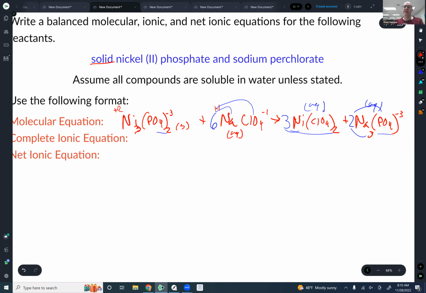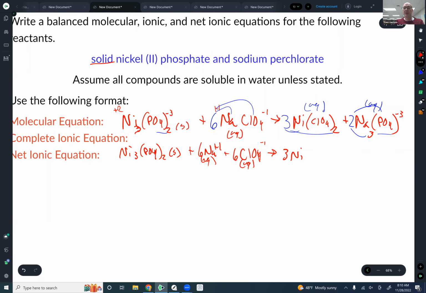Now we're going to write this as a complete ionic, and this is where it gets really, really messy. Do not separate the solid. But you must separate all of the other elements into their simple ions. Polyatomics stay together. You must include the state of matter.